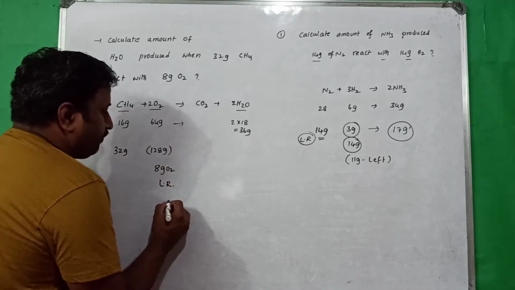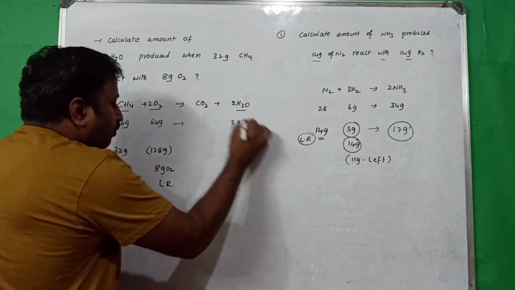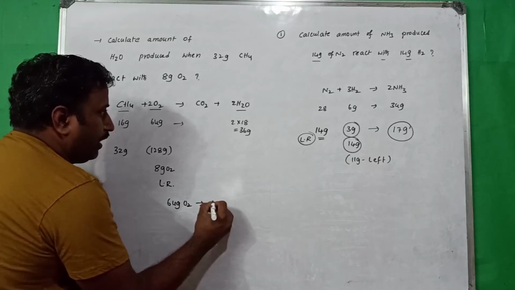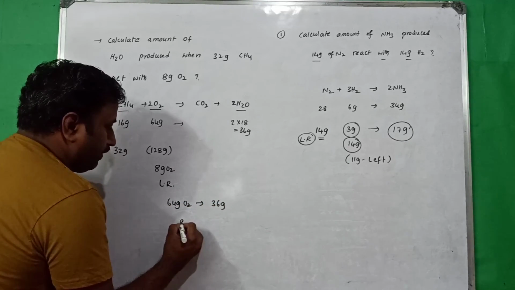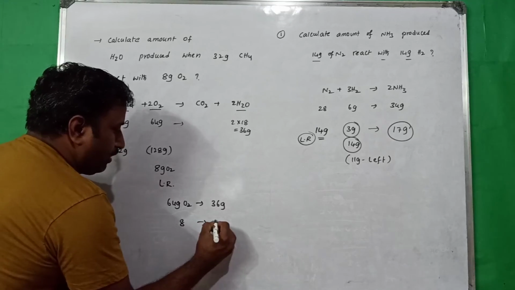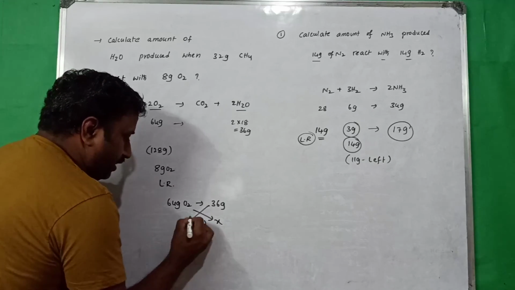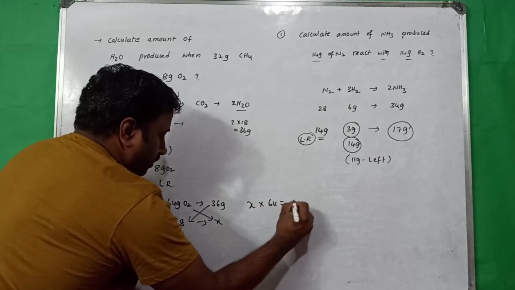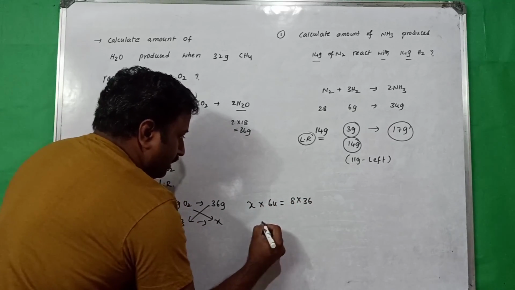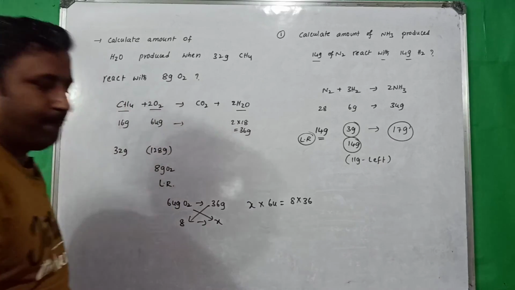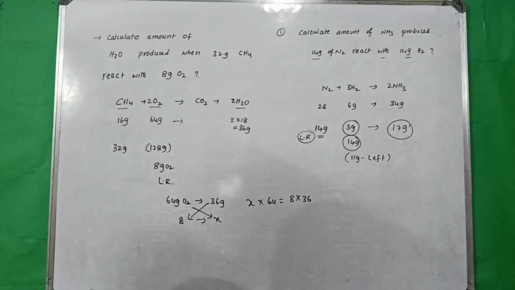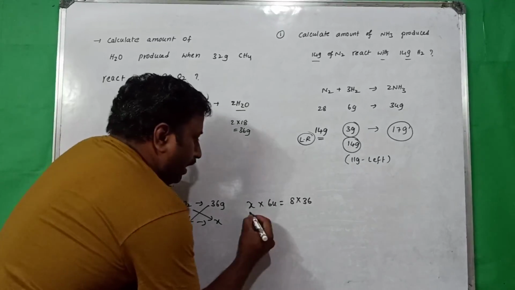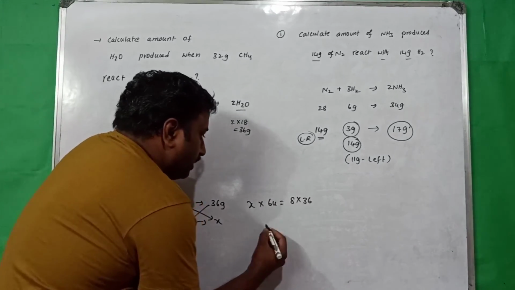Now how to calculate the amount of water? If 64 grams of O2 is there, then we'll get 36 grams. Then if 8 grams is there, x grams. Cross multiply: x into 64 is equal to 8 into 36.